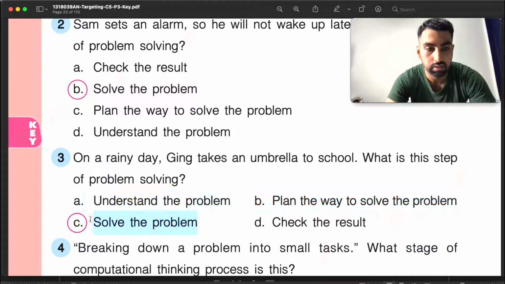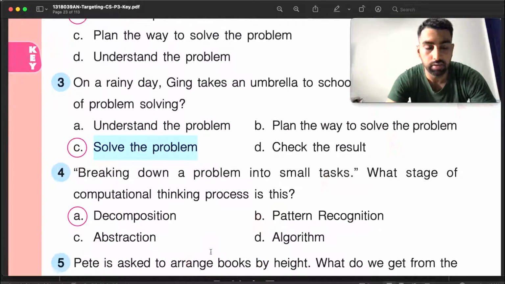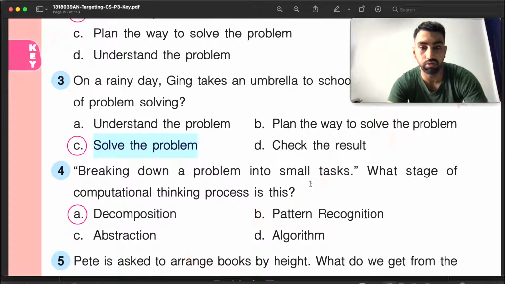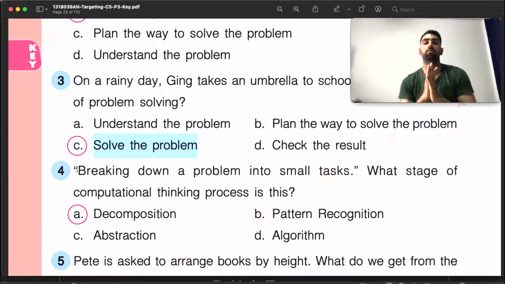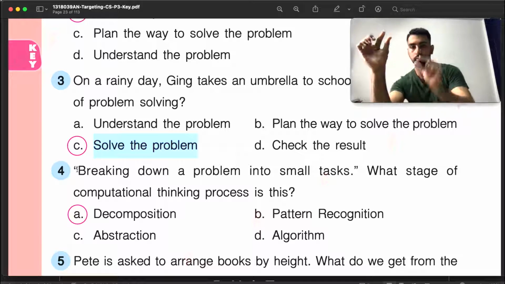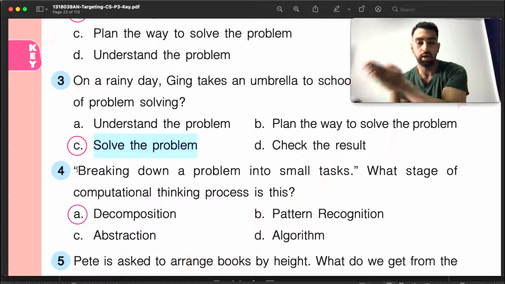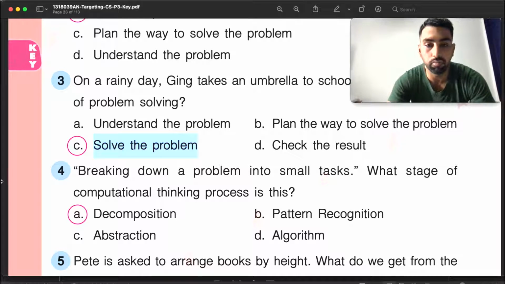And number 4, breaking down a problem into small tasks. What stage of the computational thinking process is it? If you have a problem, you have to make that problem into small parts. Part 1, part 2, part 3, part 4, like this, chopping them into small parts. A, decomposition.